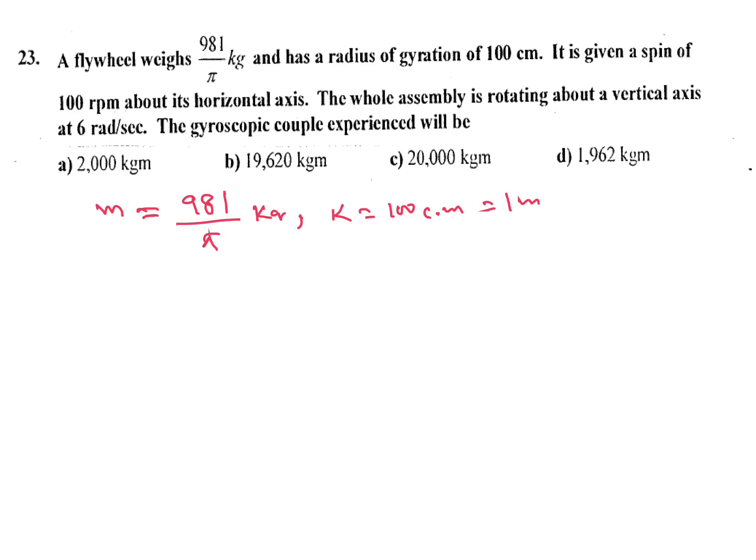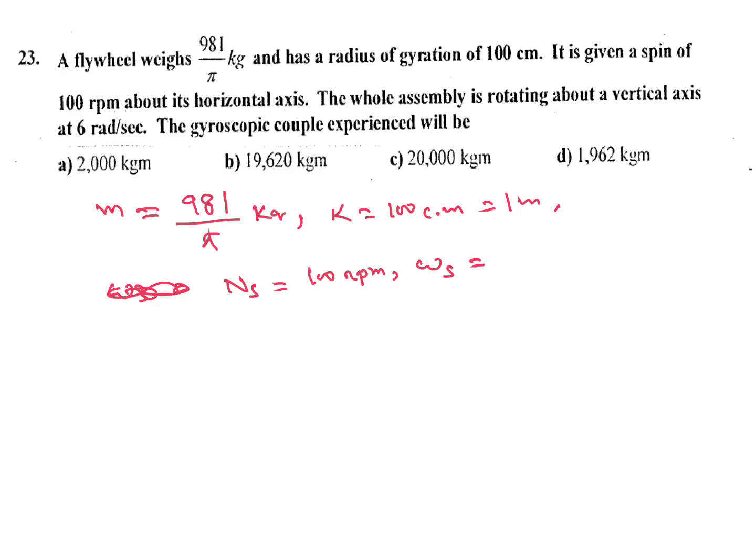Spin given is Ns, it's in rpm, 100 rpm. We have to convert, we have to calculate Ws, angular velocity of spin.